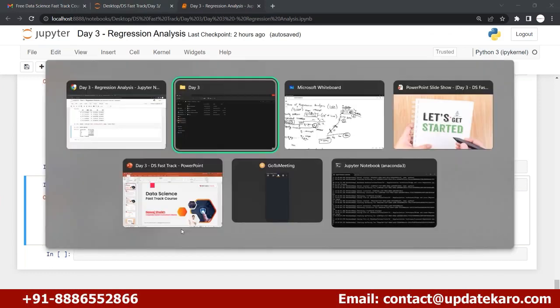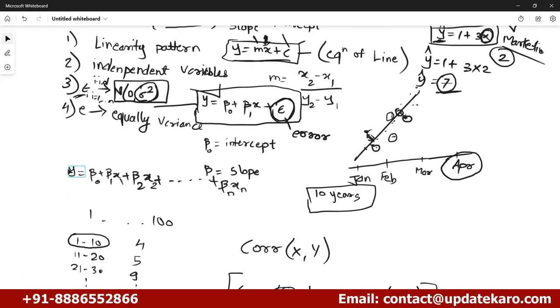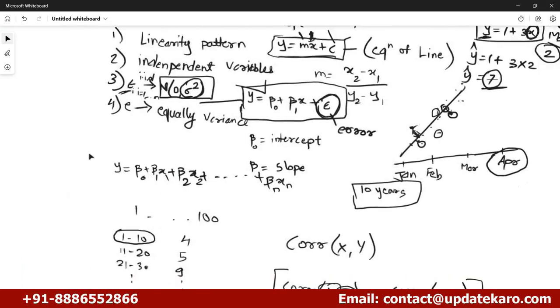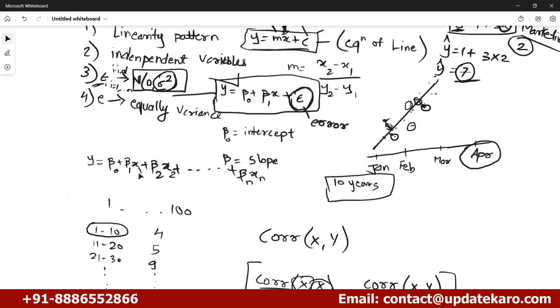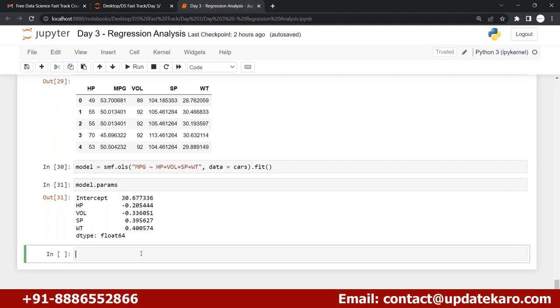So you can see over here, as I told you, y equals beta naught plus beta 1 x1 plus beta 2 x2 and so on up to beta n xn. That's what we can see over here: beta naught, beta 1, beta 2, beta 3, beta 4, and these are multiplied with x1, x2, x3, x4, right?